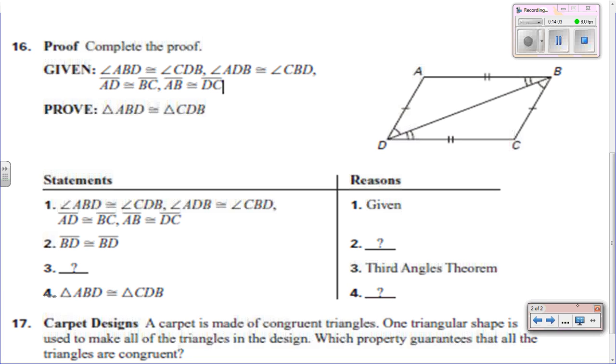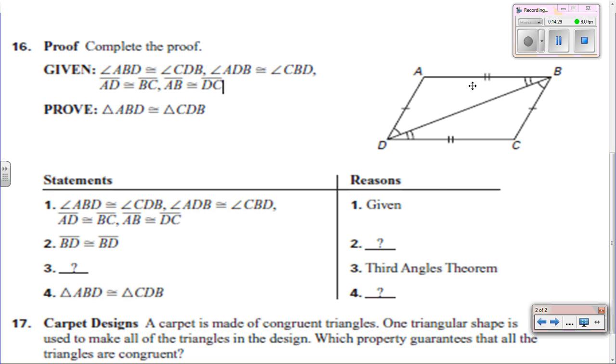Okay, complete the proof. So we're given angle ABD is congruent to angle CDB. Angle ADB is congruent to angle CBD. AD is congruent to BC.